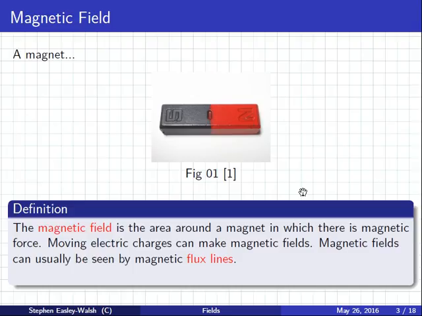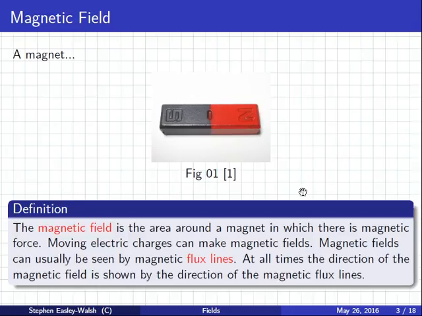Magnetic fields can usually be seen by what's called magnetic flux lines. At all times, the direction of the magnetic field is shown by the direction of the magnetic flux lines. So in other words, which way the field is moving, we represent that by drawing what we call flux lines.